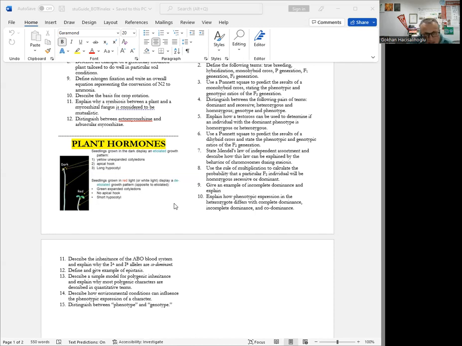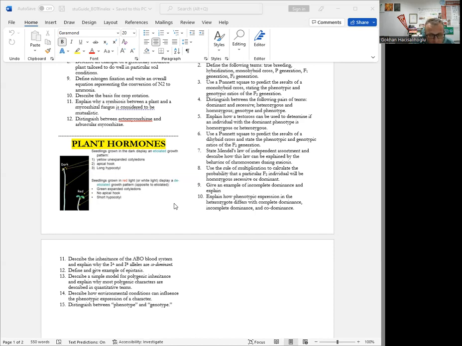Again, all these 8 can be in natural or synthetic forms. Auxin promotes cell enlargement, but cytokinins promote cell division. Again, these are not the same thing. You already know this by now as of week 15 of the classes.